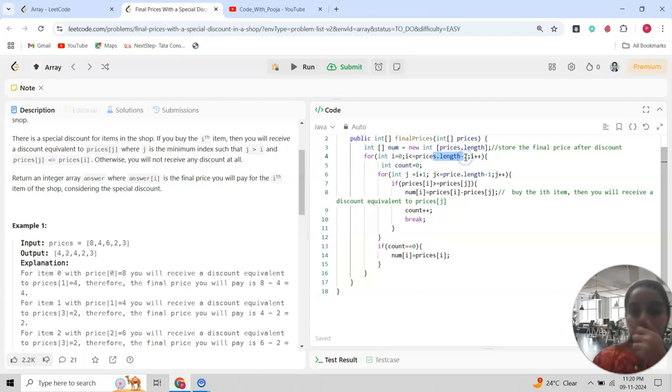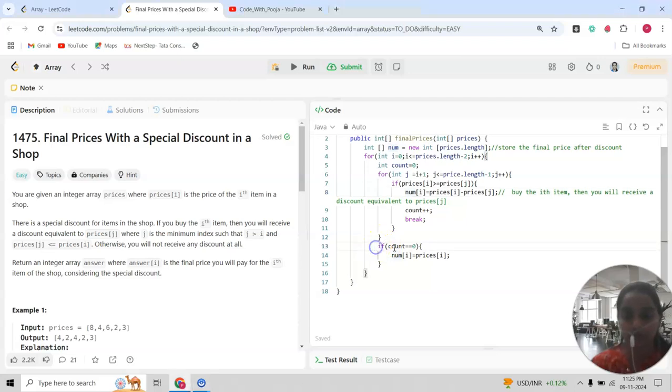Here count checks whether the element is found or not, and if the element is found, we break from it. I think we don't need to use an if condition.